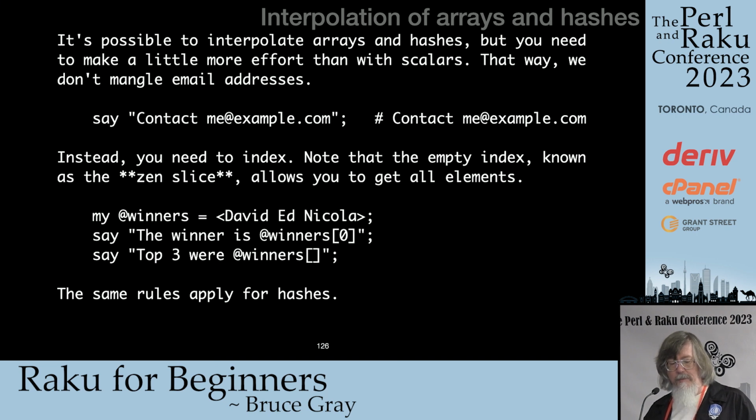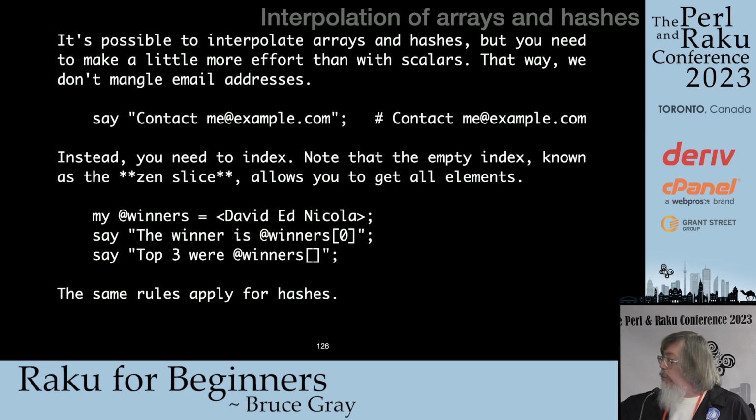You can interpolate arrays and hashes, but we had problems in Perl, especially with the @ signs. If you put somebody's email address in a double-quoted string, then it has an @ sign followed by what looks like an array variable. So we wanted to be able to not have to worry about that. So we have a Zen slice.